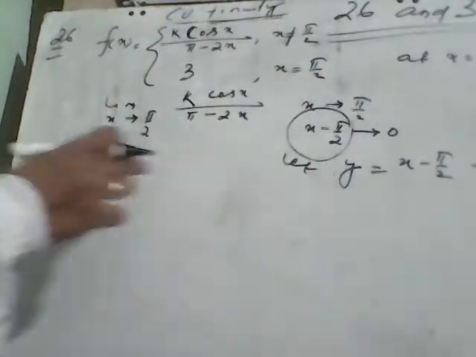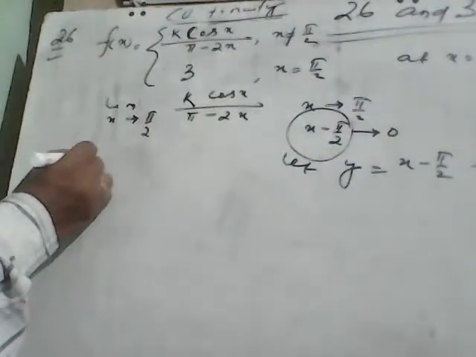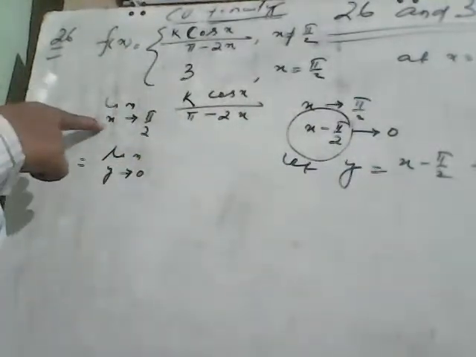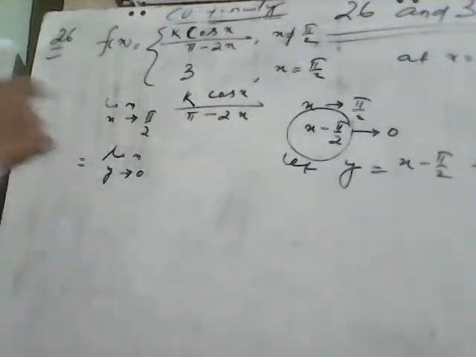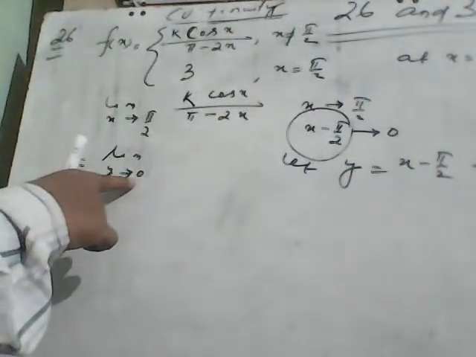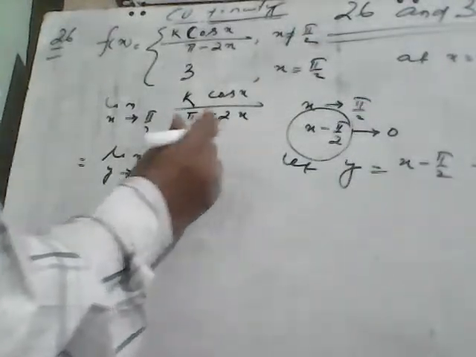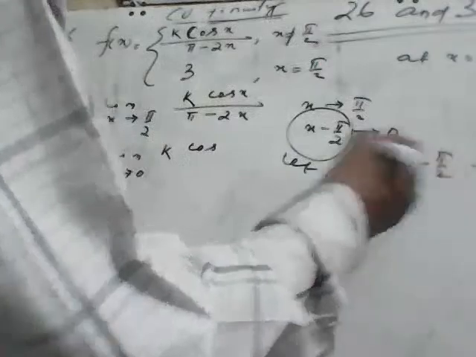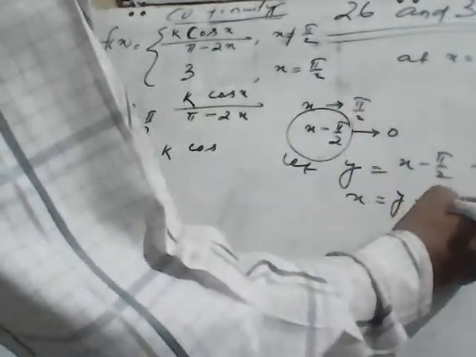Now change the limit from variable x to variable y, so that the problem will be easier to solve. So next step, I am writing limit y approaches 0, k cos x. If y equals x minus pi by 2, then x will be y plus pi by 2.